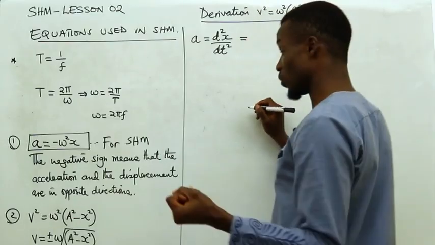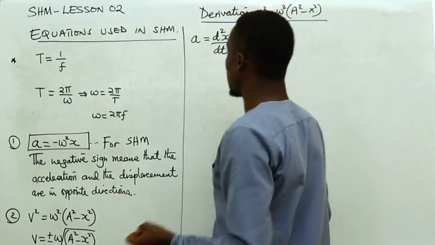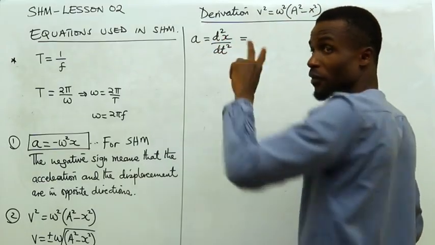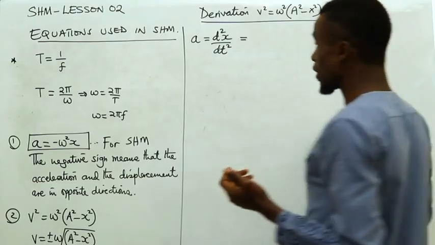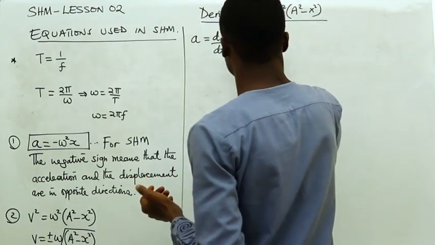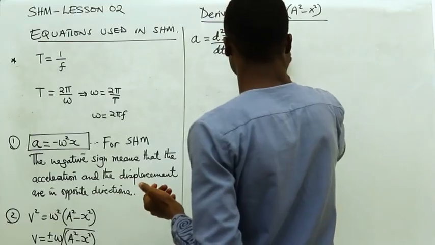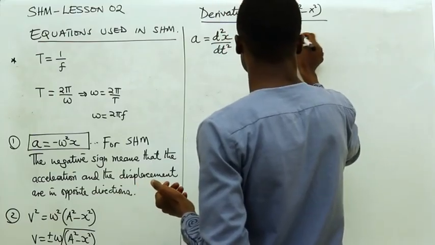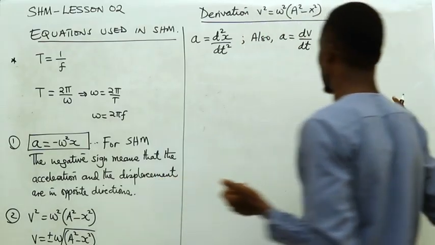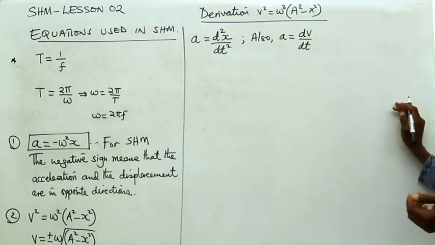Look at the parameters we're looking for. Here we have displacement and time as the variables. So, can we use acceleration in terms of velocity? Also, acceleration is equal to the first derivative of velocity, dv dt.